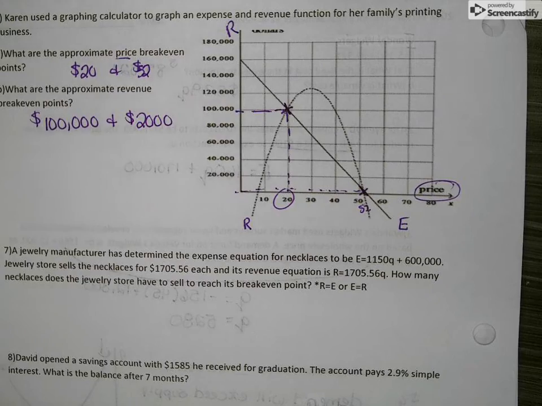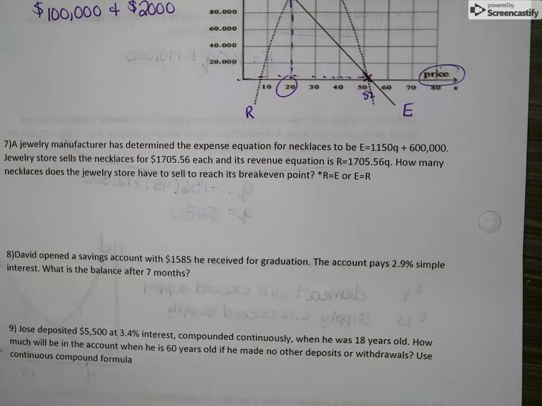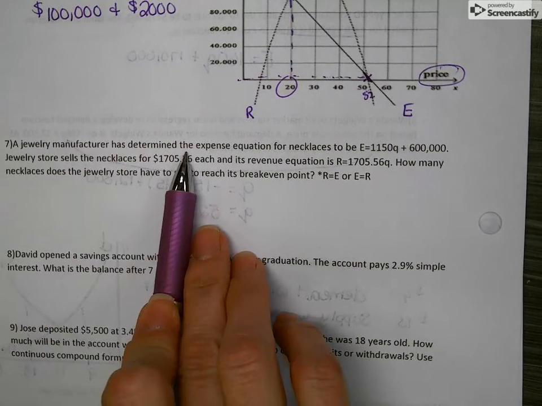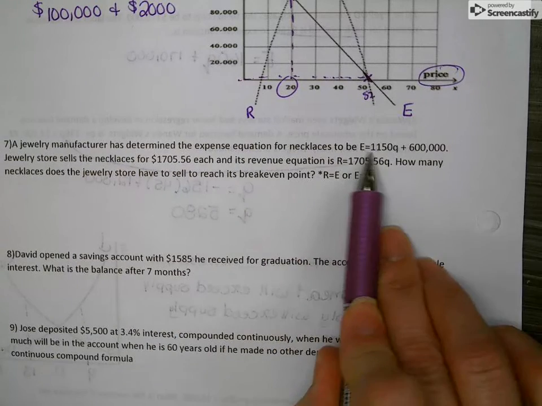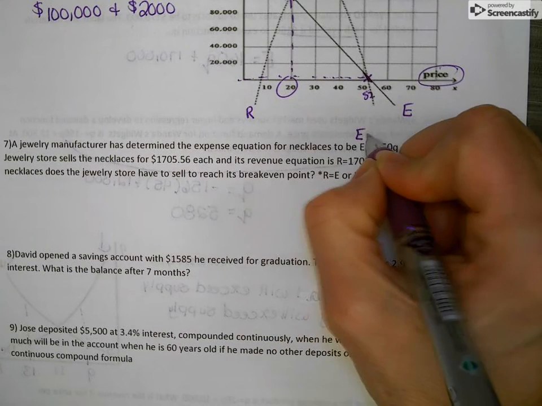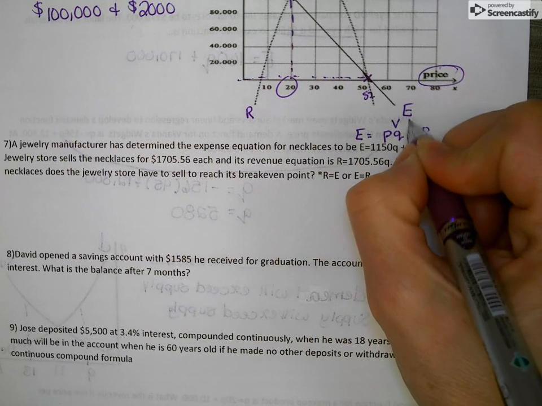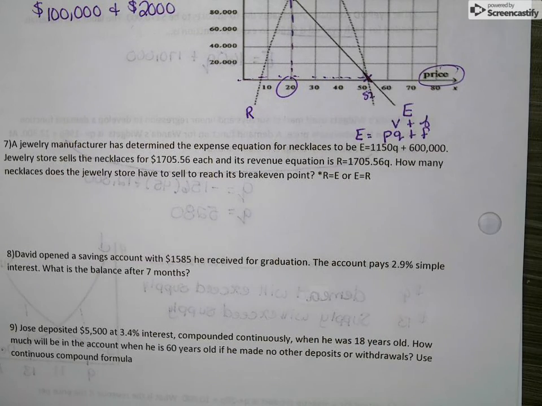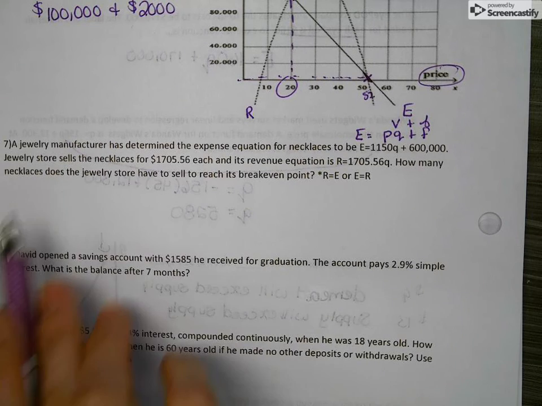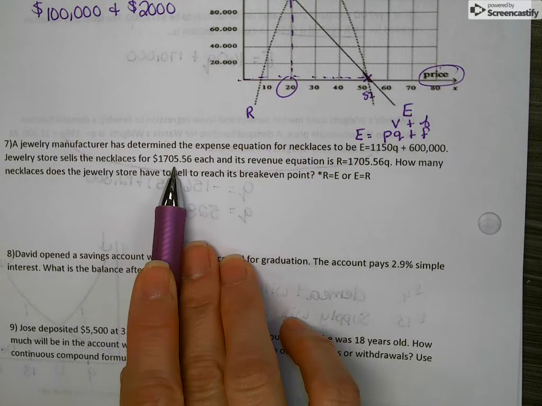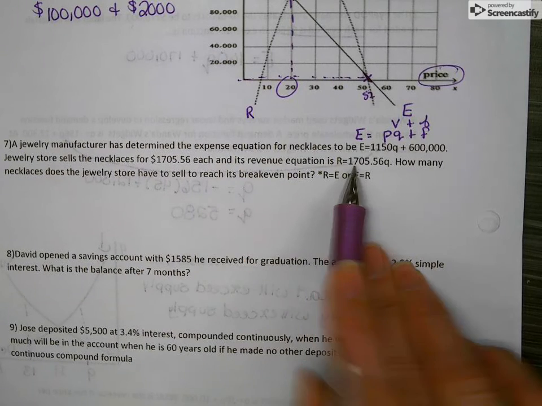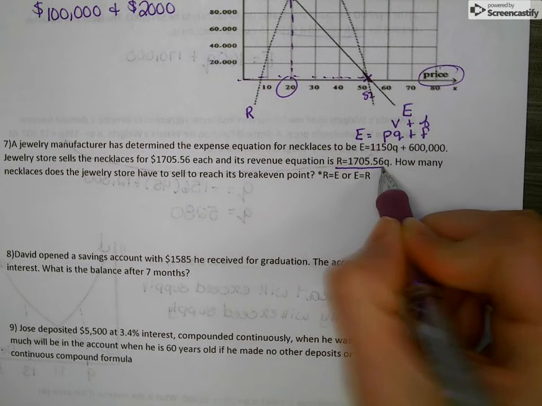Number 7. A jewelry manufacturer determined the expense function. So here's our expense function, which is our price times quantity plus fixed. Remember, that's the same as variable cost plus fixed cost. We have it sold for $17.05 each, and the revenue is price times quantity.